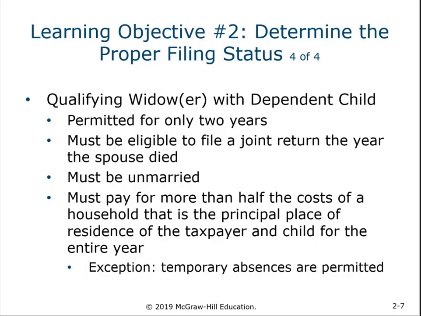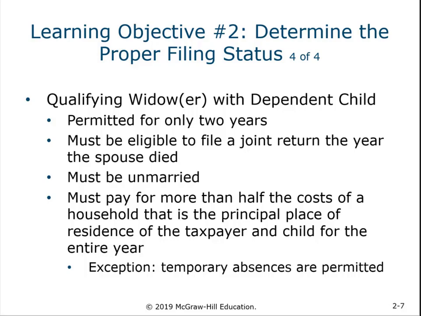All right? So you have to have been eligible to file a joint return. You have to stay unmarried, meaning you don't get remarried, because if you remarry, then that becomes your status. Right? And you have to then, as it's here, support that place for you and the child. Okay?